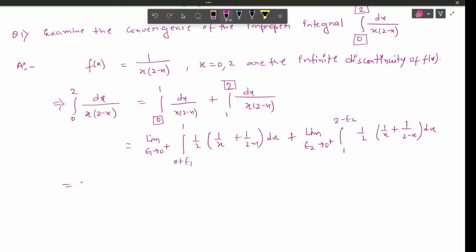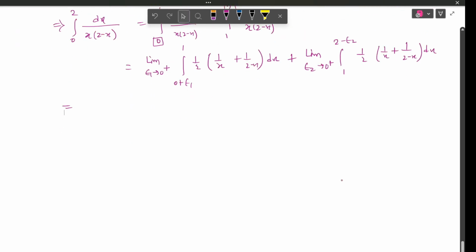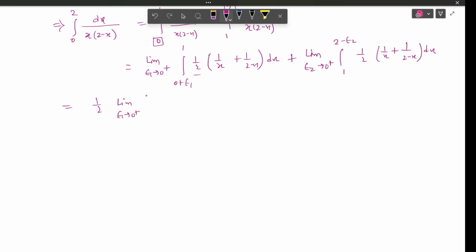Okay, so if we take half common, half in the outside, then it will be limit epsilon 1 tends to 0 plus, 1 by x is log of x, so log of mod of x minus, this will be 2 minus x.